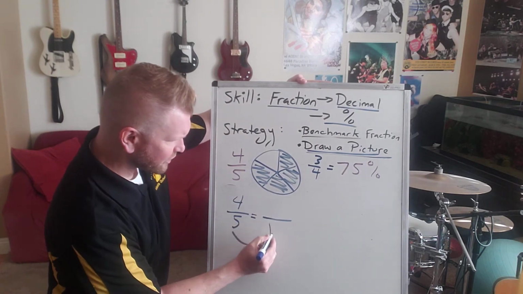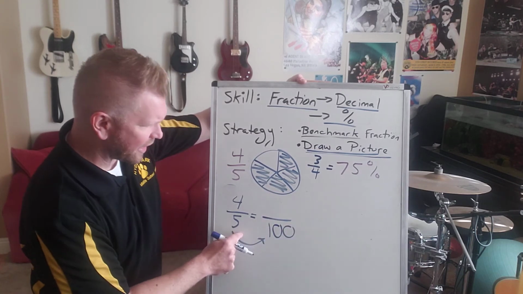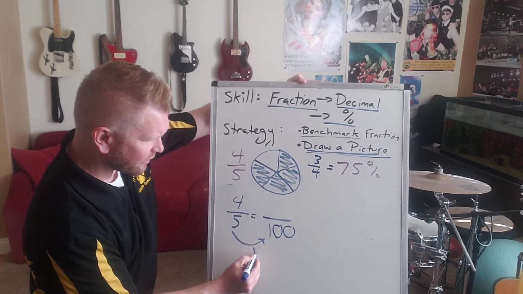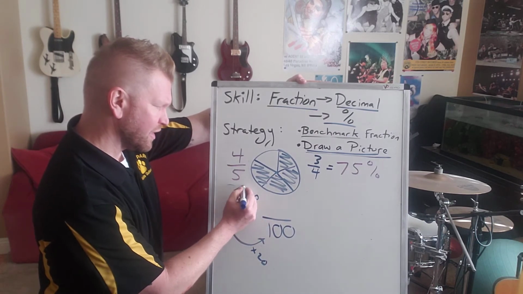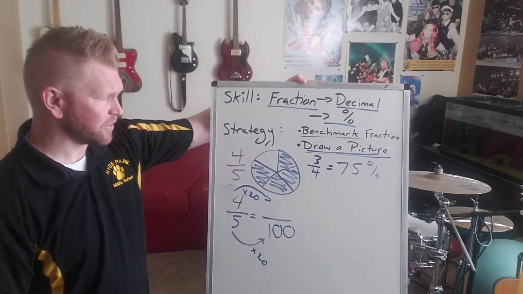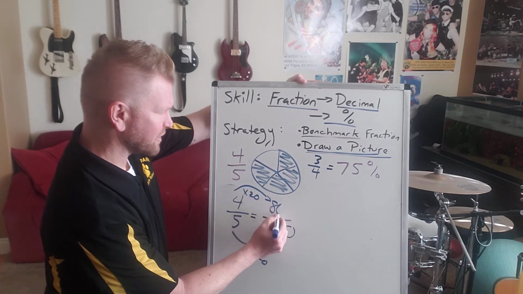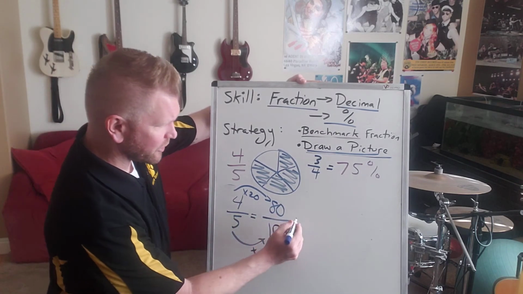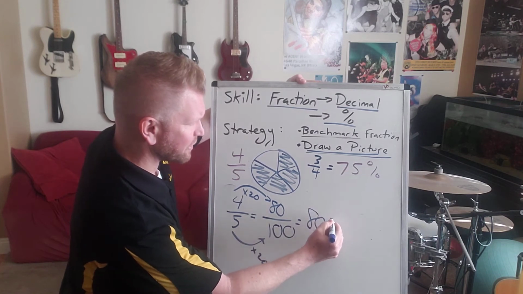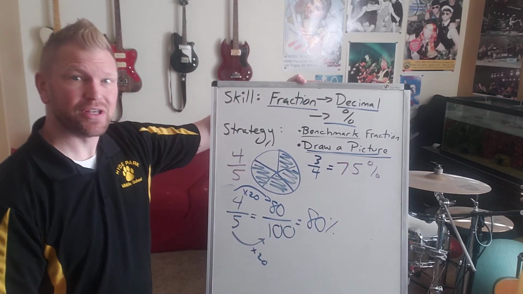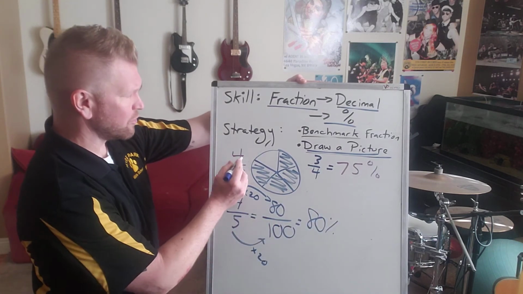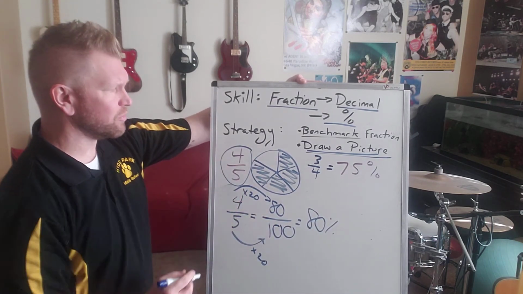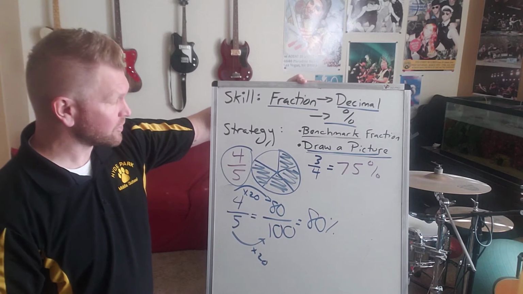So the question is, what number do we multiply by 5 to change it to 100? If you figure that 5 times 20 is 100, you could do 4 times 20 to figure out how much it would be out of 100. 4 times 20 is 80. So if it's 80 out of 100, that means it's 80%, because percent means out of 100. That proves that 80% is more than 75%, so we were right in assuming this one was bigger than 3/4.